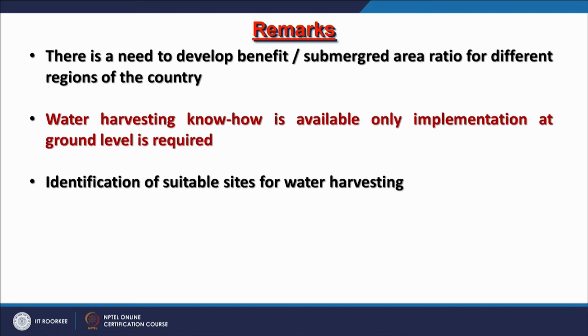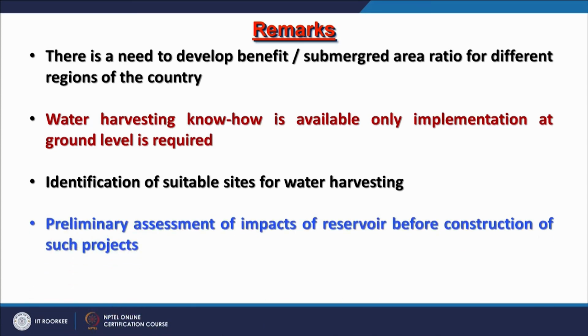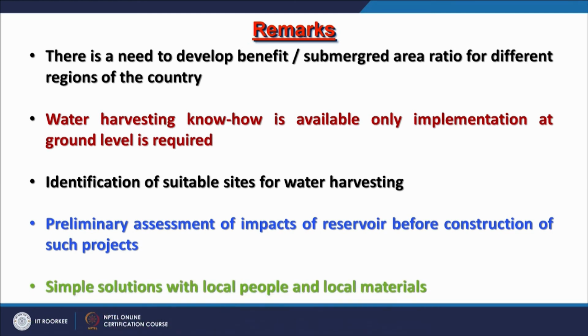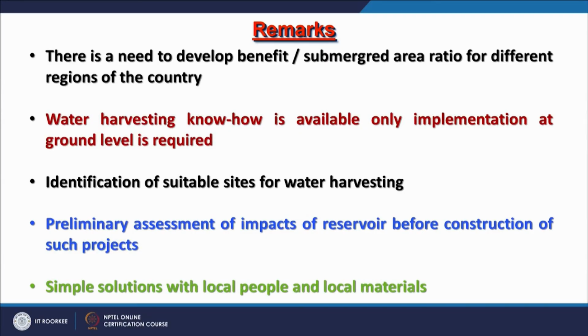We can identify suitable sites for water harvesting or groundwater recharge, and a preliminary assessment of reservoirs can be done on a GIS platform using surface hydrologic modeling, digital elevation models and satellite images. These are simple solutions with local people and local materials.